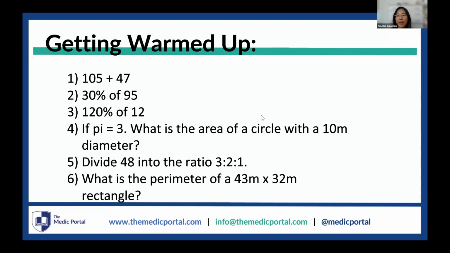And the aim of the game is you don't have to be perfect. It's just having a go at doing it as quickly as you can and seeing how well you do, because that's how it's going to be in the actual exam.